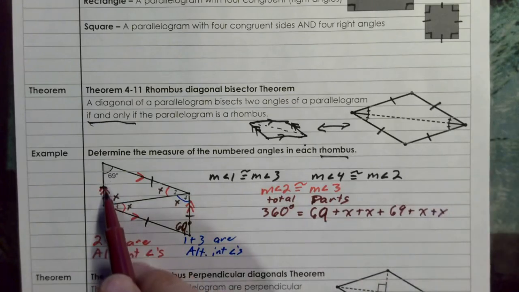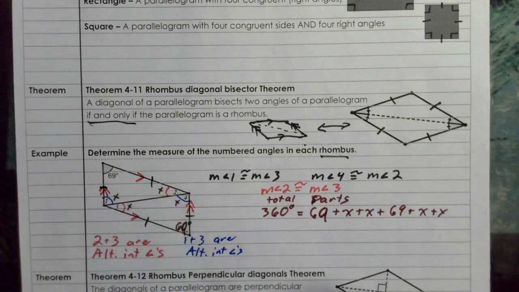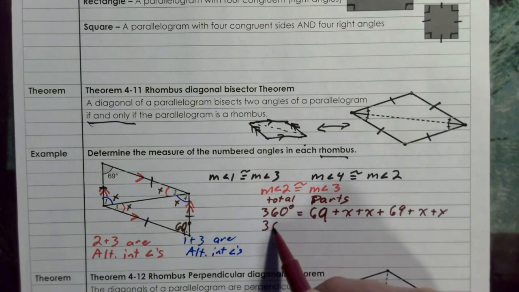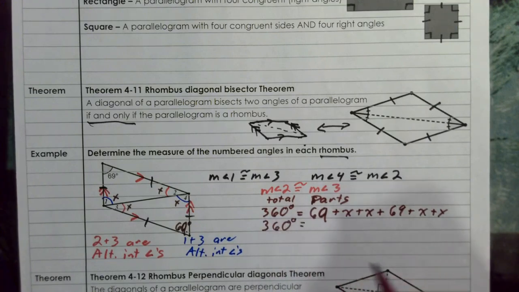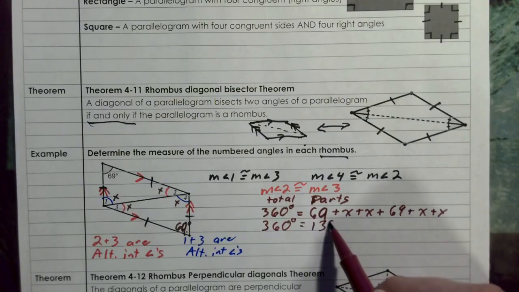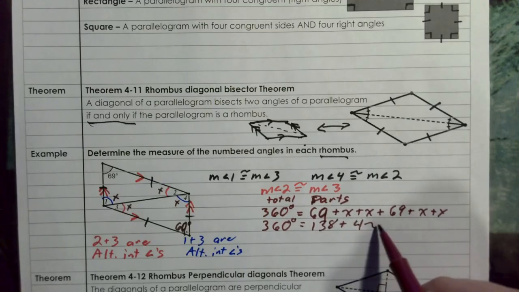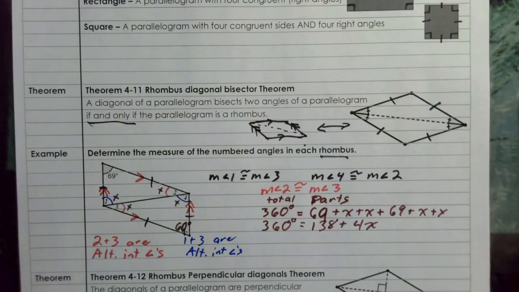I kind of just started here and worked my way around. And that's a little equation that we could solve. We got 360 degrees equals 69 plus 69 is 138 plus 1, 2, 3, 4 x's. Subtract that 138 from both sides.